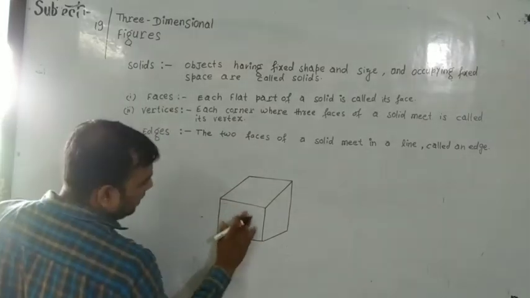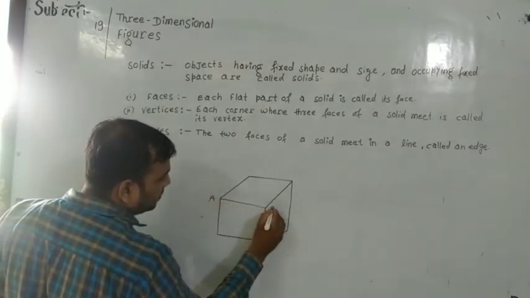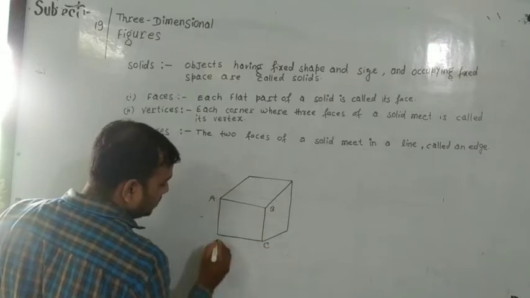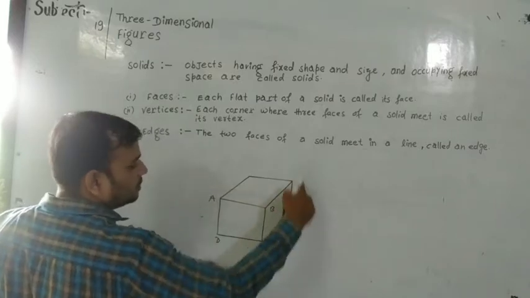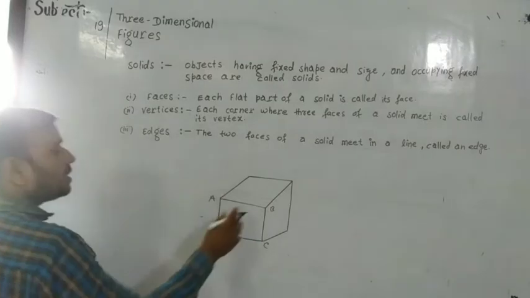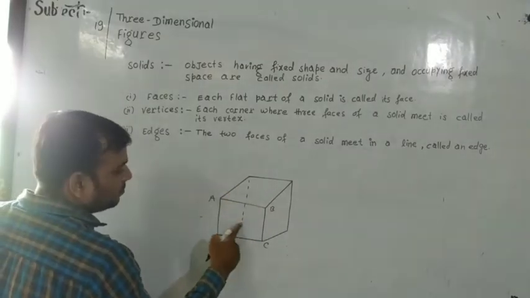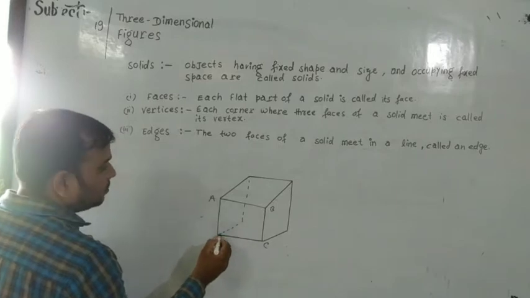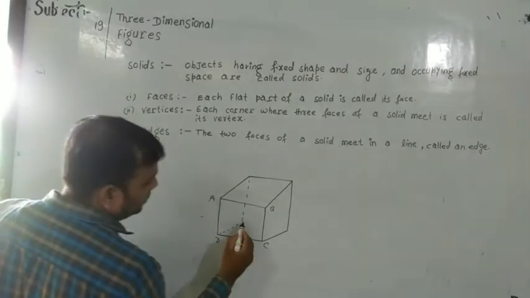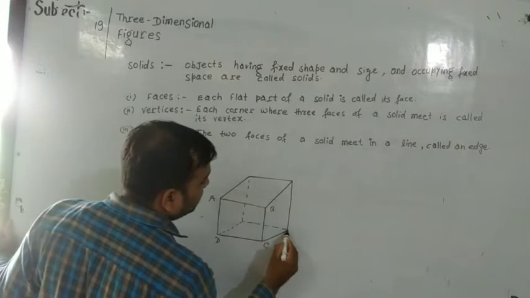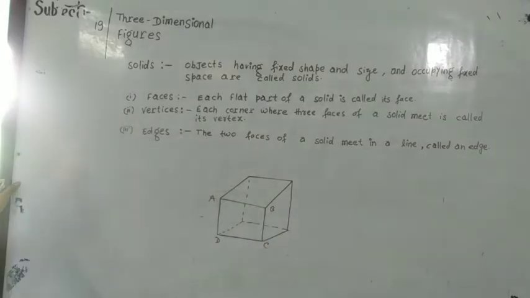Now this is a flat part, A, B, C, D and so on. This flat part is called a face. In a cube or cuboid, there are 6 faces.